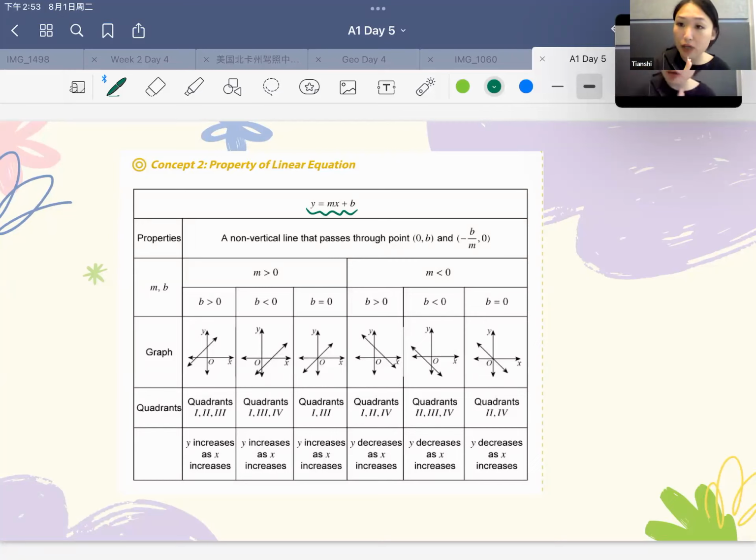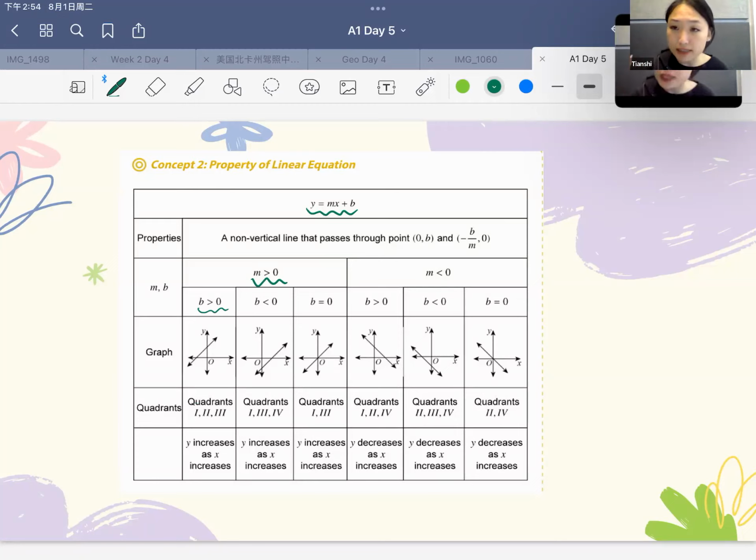And for the graph, we have several situations. If m is a positive number, the slope is positive, so it's moving upward. And here we have different situations. If b is a positive number, the y-intercept is positive, so the line passes through quadrants 1, 2, and 3.